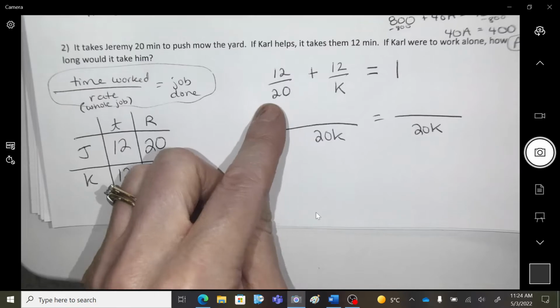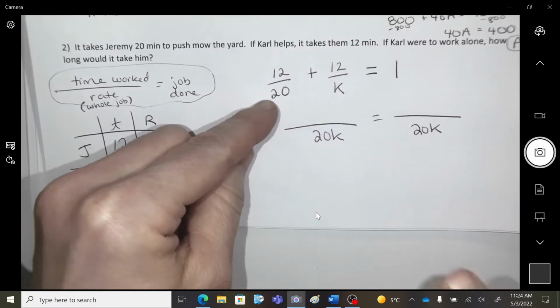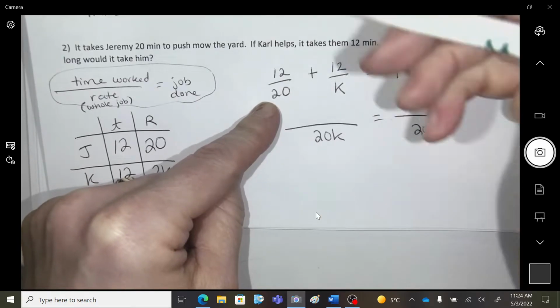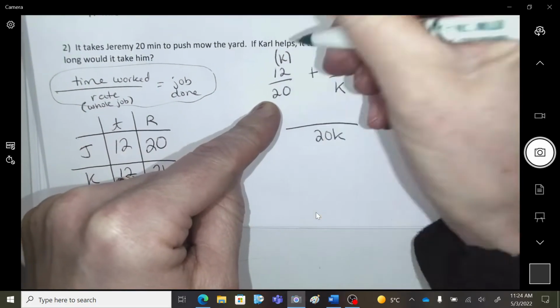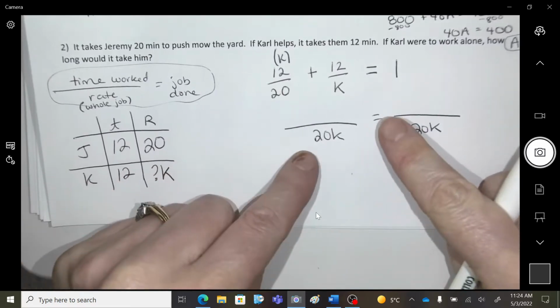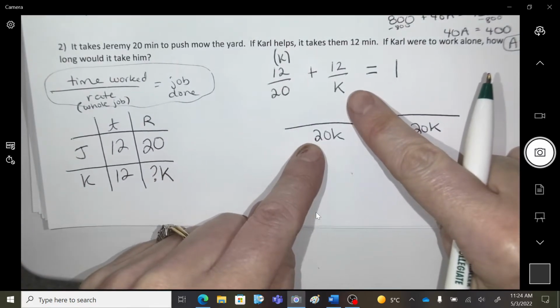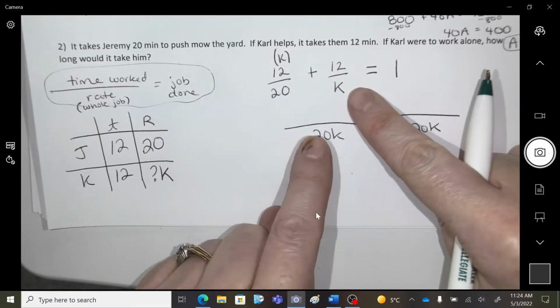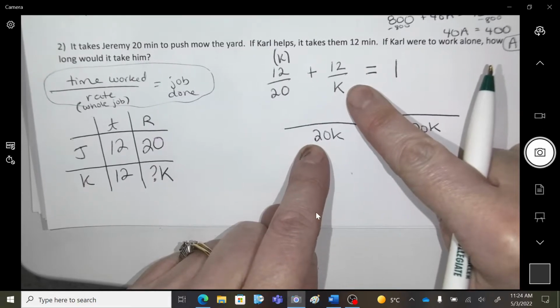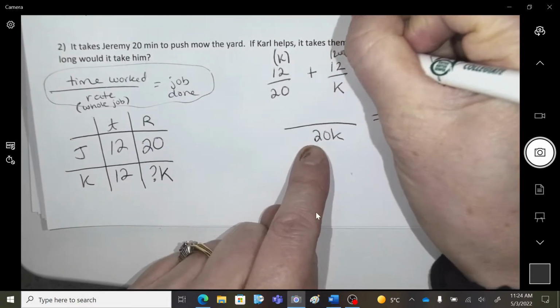Okay, now you go through and you say, looking at the first fraction, what did I multiply it by? So I'm going to have to multiply it by a k. If I look at the second fraction, the new bottom, what did I multiply by? 20.